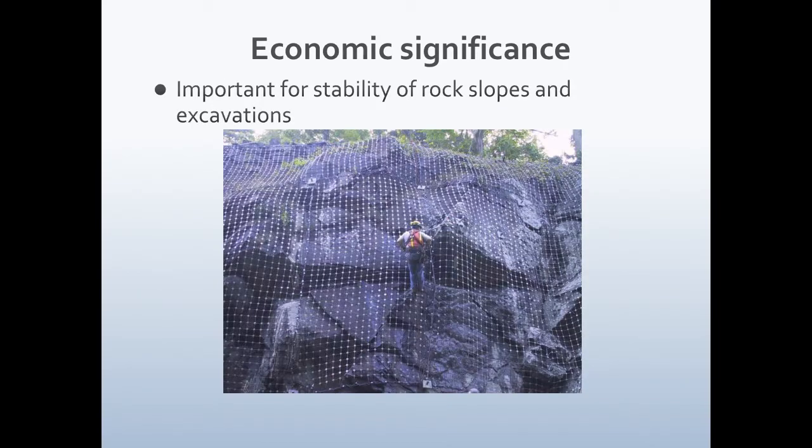They're also important for stability. So this is an example of a rock that looks probably, the parts that aren't affected by jointing are very strong, but because it's cut through in all different orientations with joints, they have to put up the safety net. Most outcrops of rock are filled with joints.